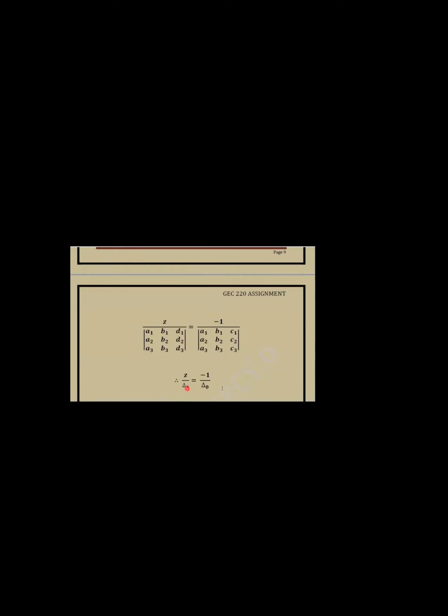That is to say, we can liken them to be this, and then we have our answer according to what the question demands from us.